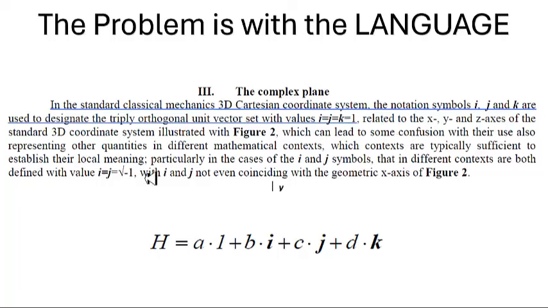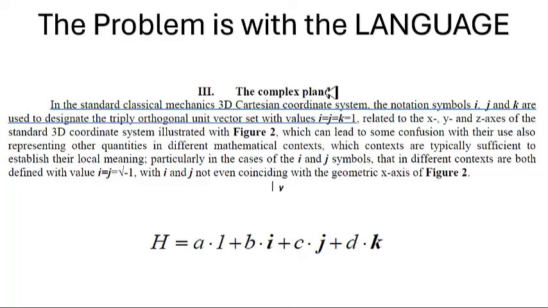Then he goes on to talk about quaternions, and here he is using i, j, and k in this expression. The one thing I do like about this expression is he puts the 1 in there. He is saying Hamilton's quaternion is expressed as a times 1 plus b times i plus c times j plus d times k.